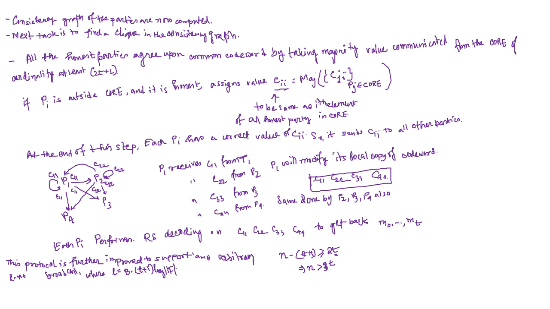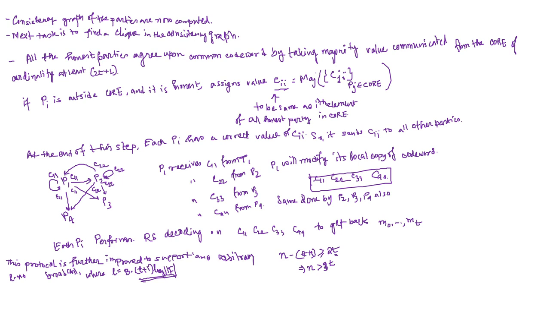So (t+1) log f now becomes the unit length to be broadcast using the warm-up protocol, but then b such blocks are there of equal size such that L is b into (t+1) log f. The b number of blocks are there, so b number of instances of the warm-up extension protocol is required.